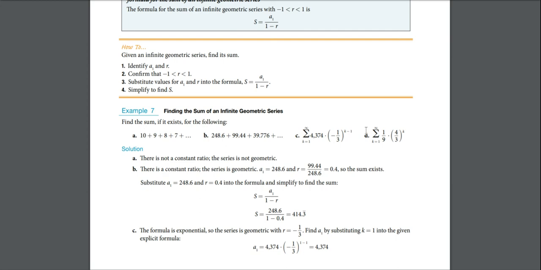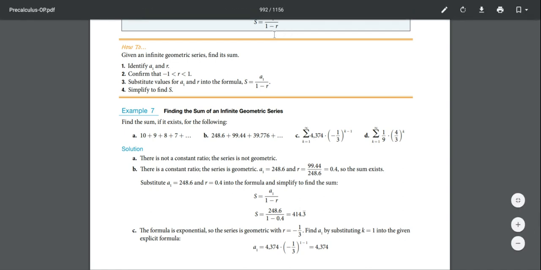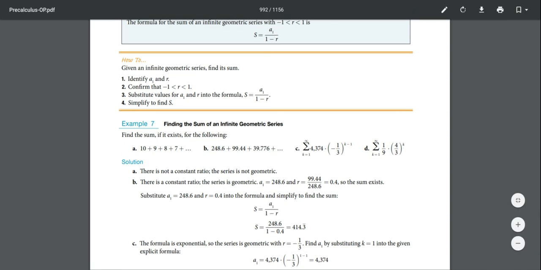We could use the formula on this one, but it would be wrong because r is greater than 1. If I tried to use this formula, I would get a number because I have an r here, and I could find my first term. So I would get a number. It would just be wrong because r is greater than 1.